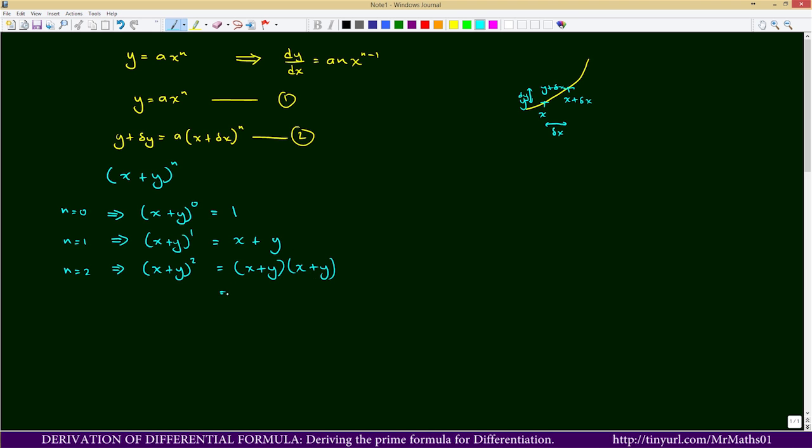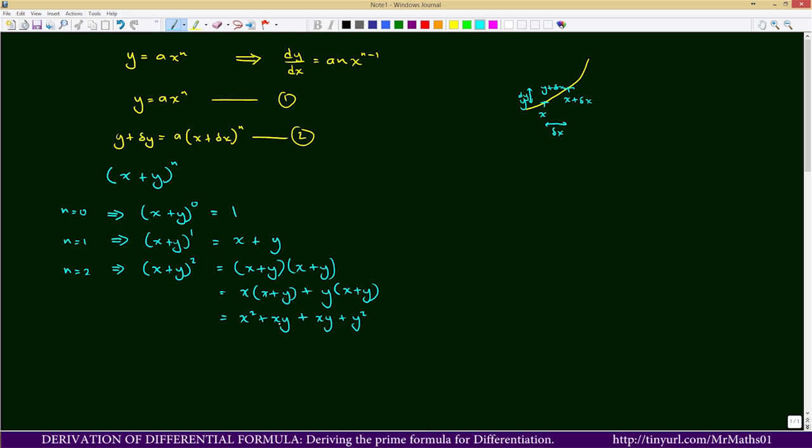So I can write it as the first x multiplied with x plus y, plus y, the second component, multiplied with x plus y. Now I open the brackets to multiply them all. x times x is x squared, plus xy, and y times x is yx, which I can write as xy to make it consistent, and y times y equals y squared.